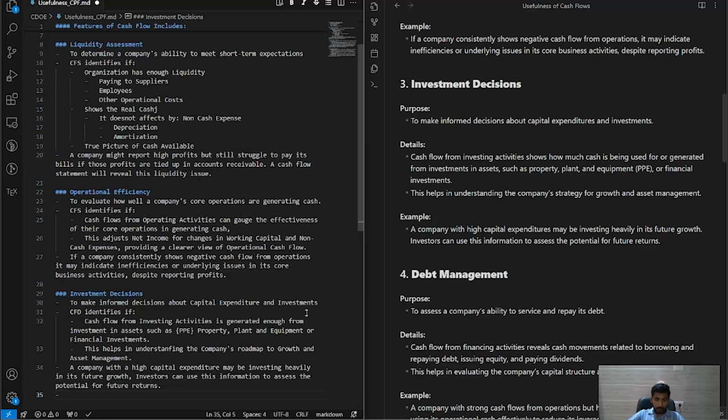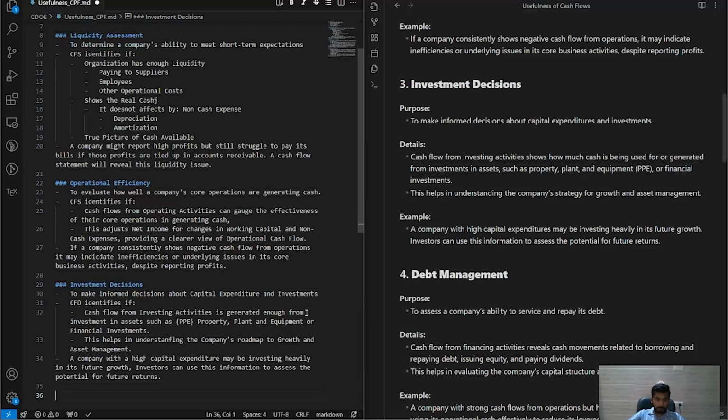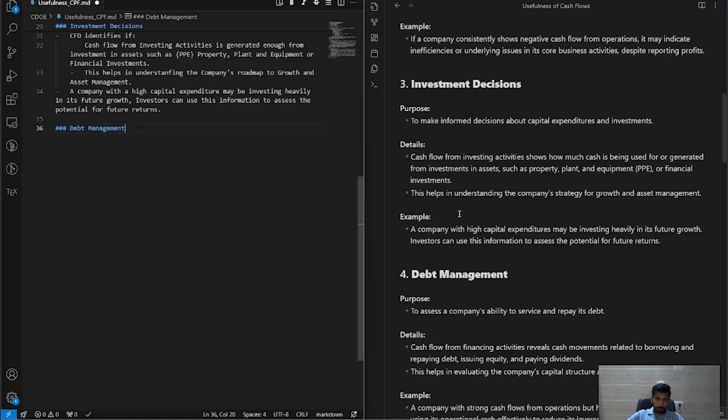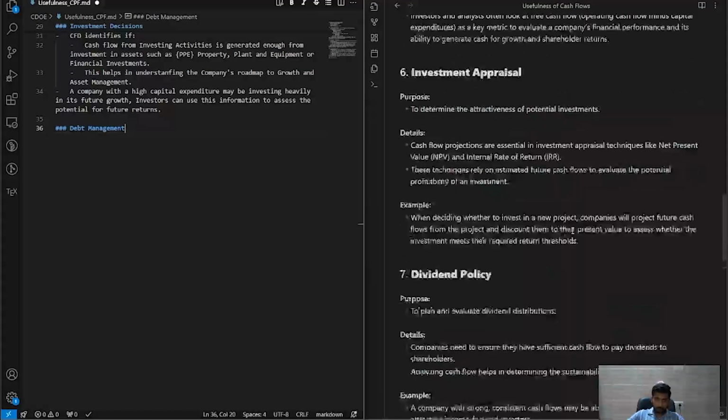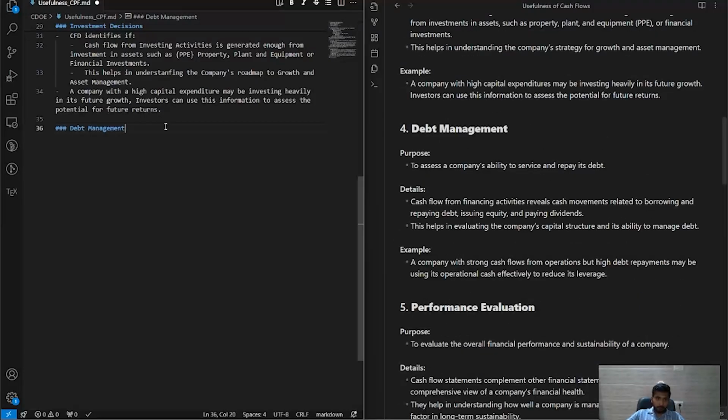Okay. Then next up comes debt management. What does debt management use for? To assess a company's ability to service and repay its debt.